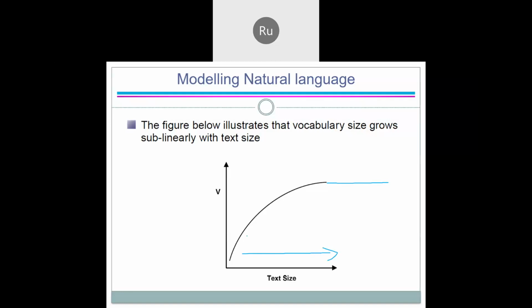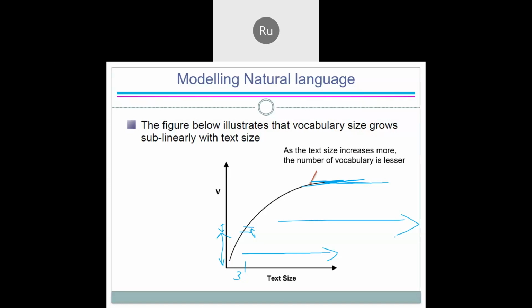For example, if the text size is 3, we can produce this vocabulary, but if we increase by this amount, then we have this number of vocabulary. But when we reach here, when we have a long symbol that constitutes the word, we will have less vocabulary.